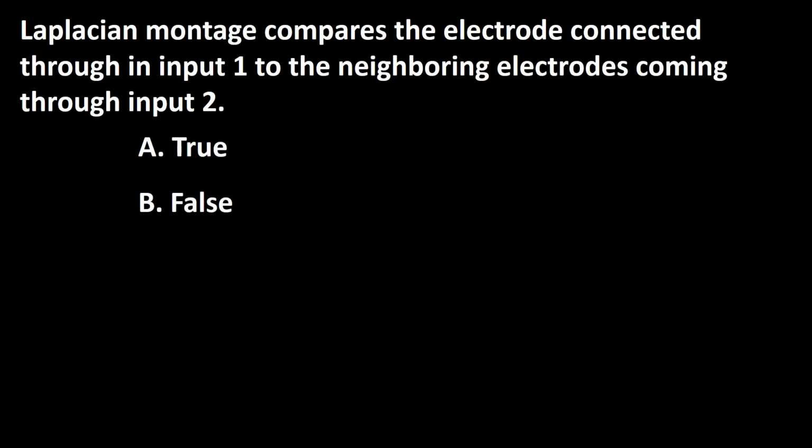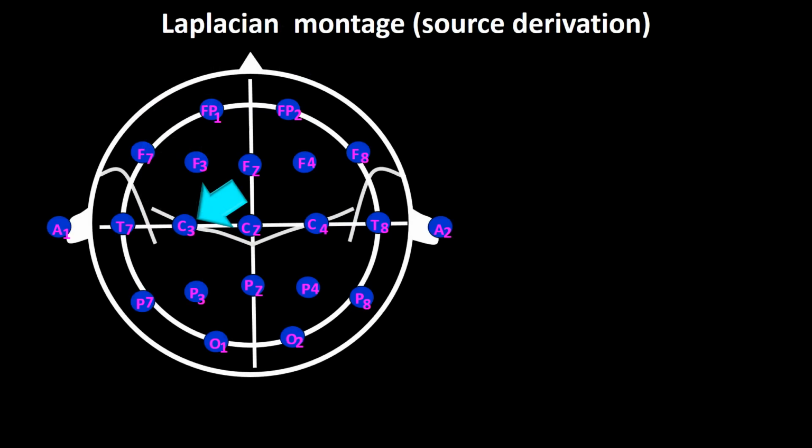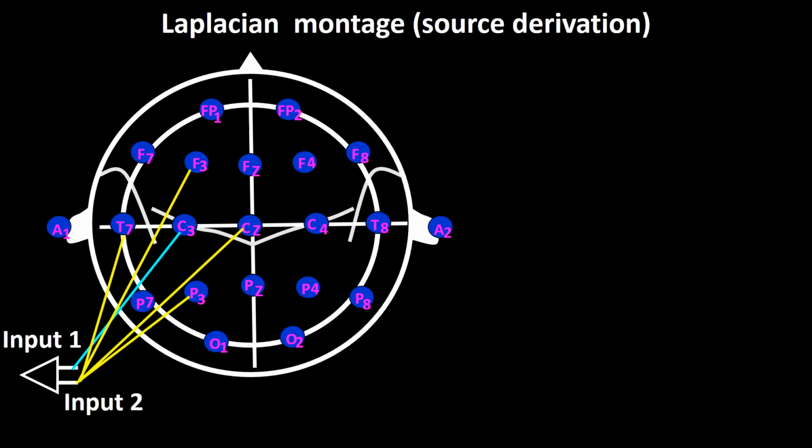Next question. Laplacian montage compares the electrode connected through input 1 to the neighboring electrodes coming through input 2. A, true, B, false. Let us say that we want to look at C3 using a Laplacian montage. Then the electrode C3 is connected to input 1 of the differential amplifier, and the surrounding electrodes will be connected to input 2.